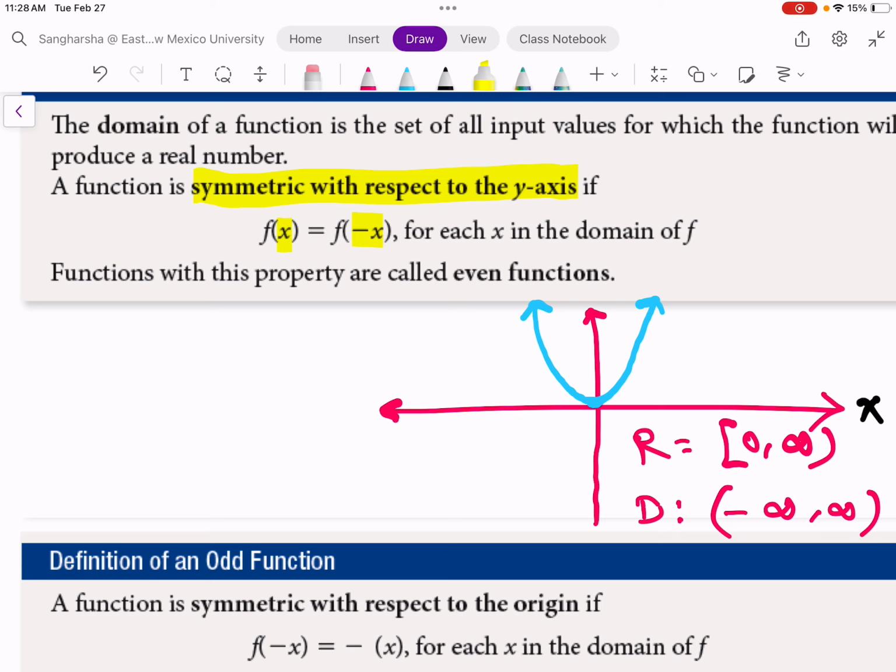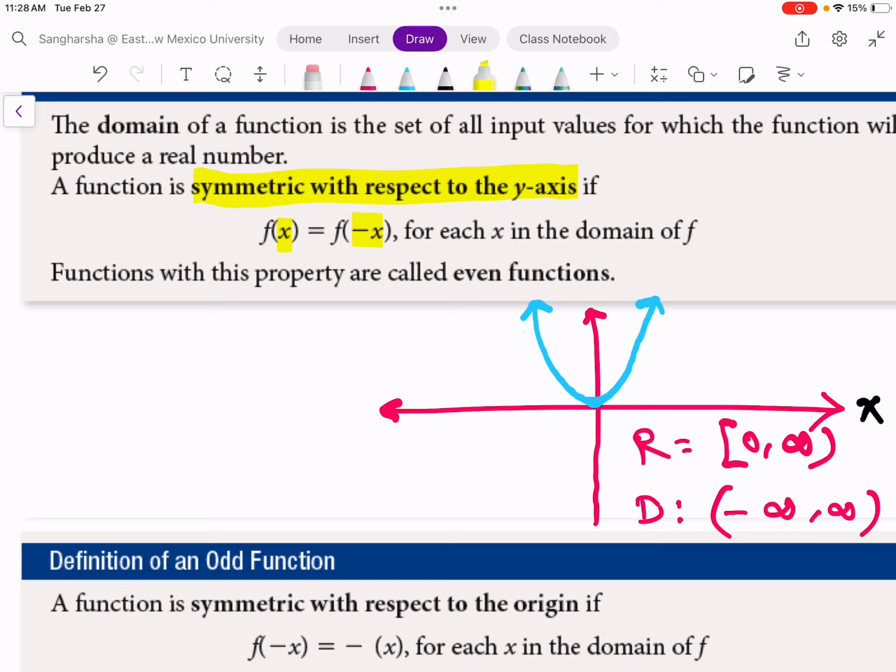If you have a graph, it's very easy. If you see the y-axis dividing it into two equal parts, it is symmetric with respect to the y-axis. But every time you may not have a graph. If you don't have a graph, then we're going to use this second concept.